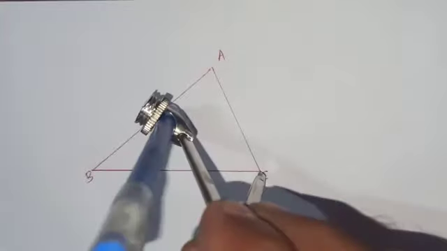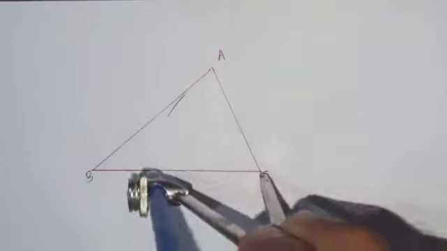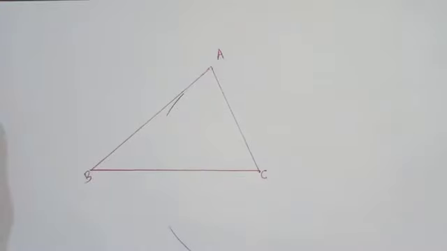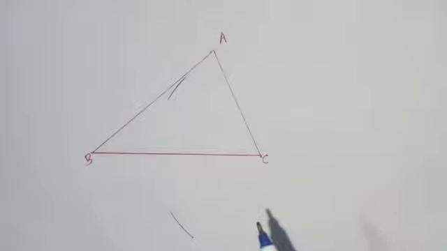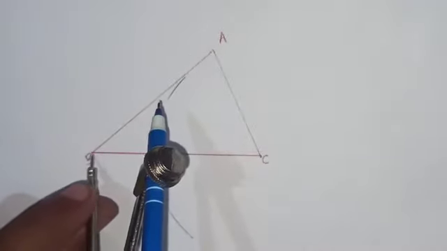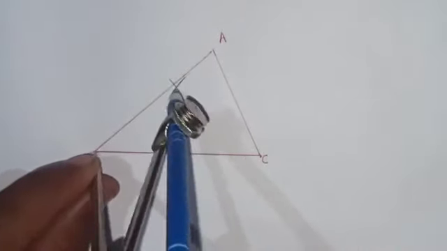Now we have to draw arcs, one on the upper side and one on the lower side. Then don't disturb the compass. On point B, draw another arc.